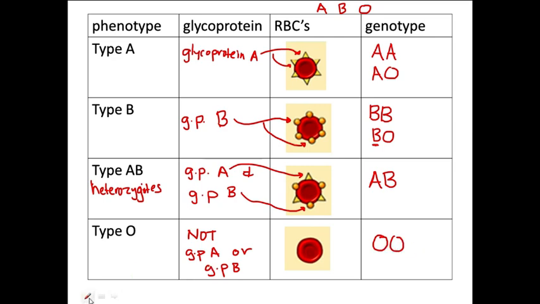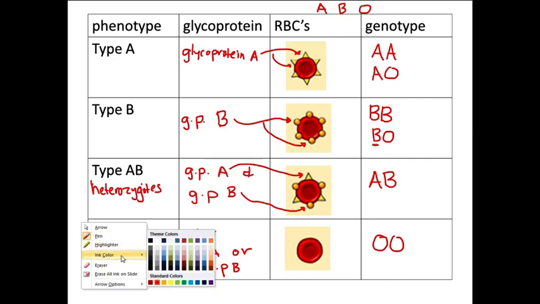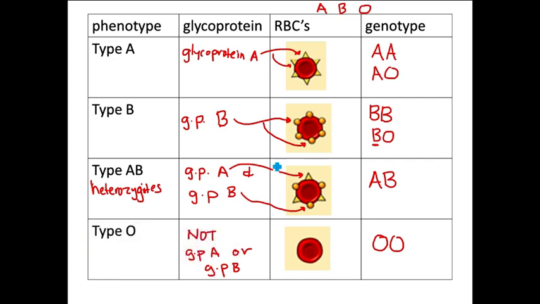So usually when I'm teaching this in class, people ask me a couple things. First of all, they ask about the negative or the positive thing, right? So when you get your blood typed, you'll be told that you have something like type A negative blood or you're type O positive.